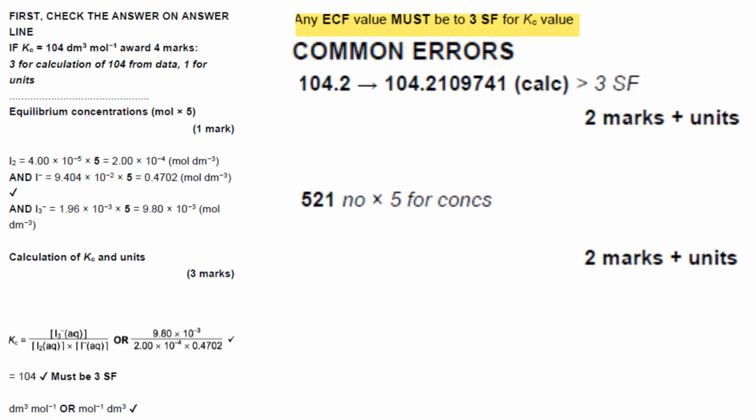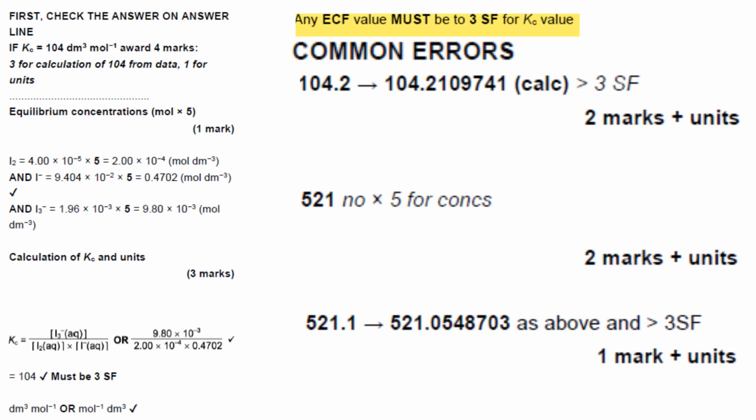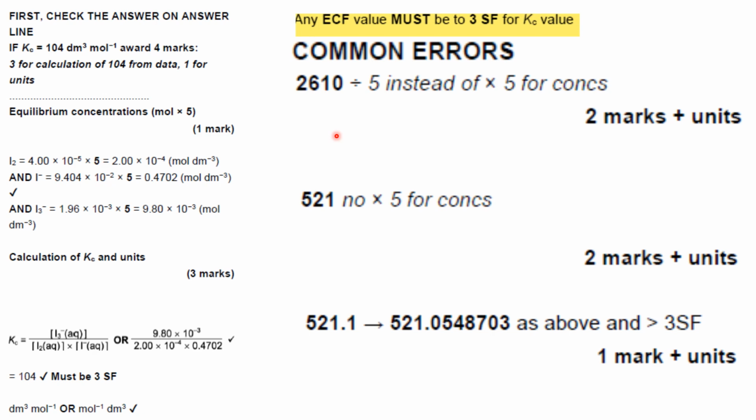And again, they've forgotten the units, so they've done 2 separate things, so they lose 2 marks. Same problem here, except what they haven't done is to apply the 3 sig figs. So they've made 3 mistakes, so they only get 1 mark out of 4. Now this one at the top, they've divided by 5 instead of multiplied by 5. So they haven't put units either, so they've done 2 mistakes, so they lose 2 marks.